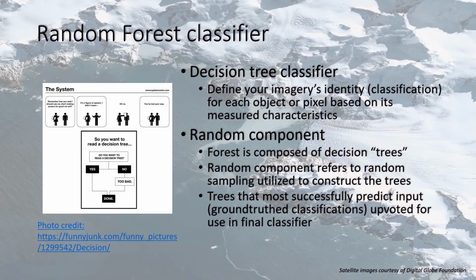So basically, it finds the trees that most successfully predict the ground truth classification, the classification at your ground truthing points. The trees that do the best job of describing what the recorded classification type is at your ground truthing sites are the ones that the classifier says, yes, this is reliable, I'm going to use it for the rest of the map.